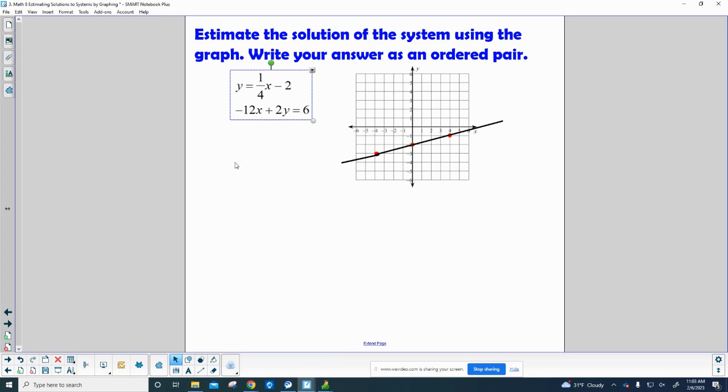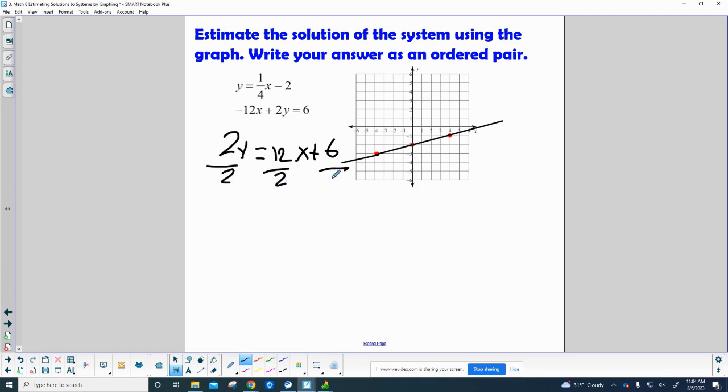On the next one, you notice it isn't solved for y, so let's go ahead and solve it for y. We end up with 2y equals 12x plus 6. If we divide everything by 2, we end up with y equals 6x plus 3. Okay, let's go ahead and graph it. We'll get a different color. We're going to go up to 1, 2, 3 and make a dot.